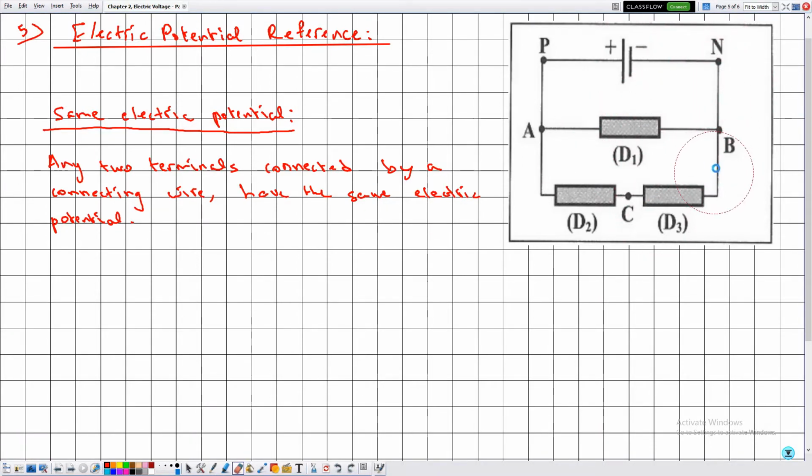Now this is independent of the reference electric potential. So here what I'm saying is that any two terminals connected by connecting wire have the same electric potential.